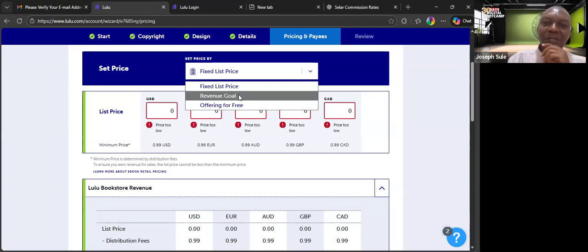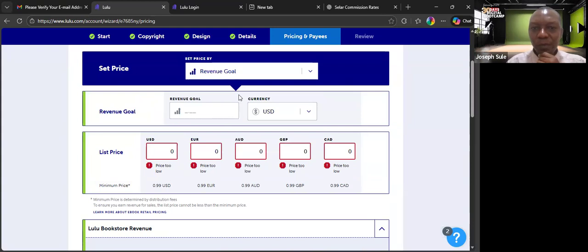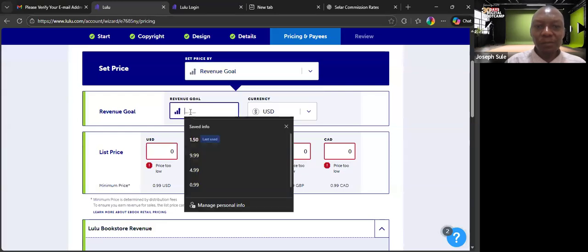But there is another one that says revenue goal. This one requires a little bit of calculation. For example, I want to make, let's say, 100,000 naira.